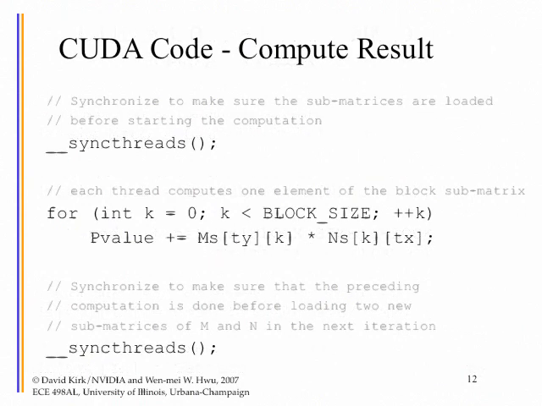Remember we have 256 threads, and each one has two loads pending into the global memory. These things are random. You don't know how long they're going to take. Some of them will take longer than the others because of the DRAM paging and bank conflicts and all that stuff. So you don't know exactly which one will finish first and which one will finish last. So you will do what we call a barrier synchronization, meaning that after all the threads dispatch those two loads, they will hit the sync threads function call.